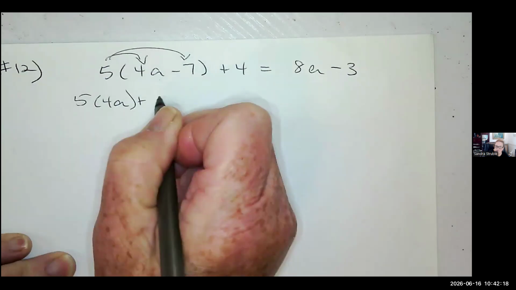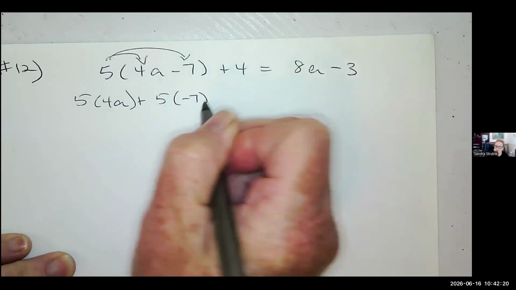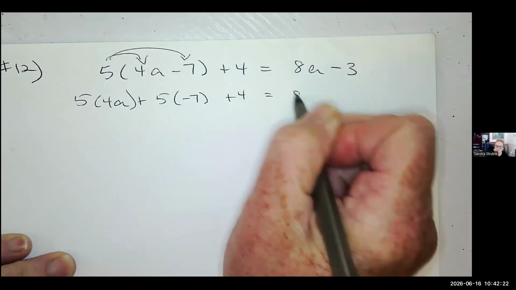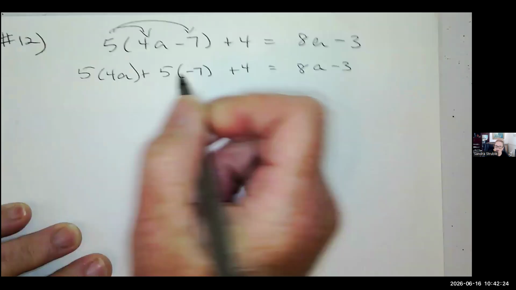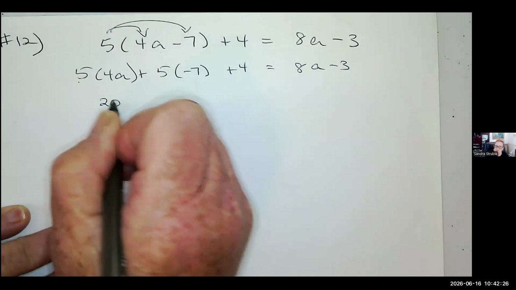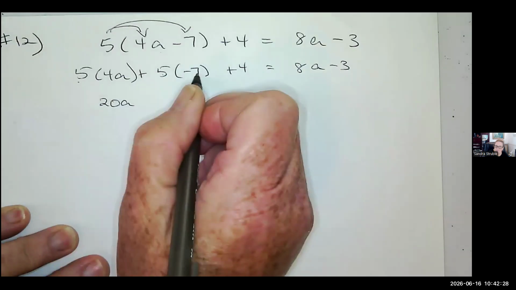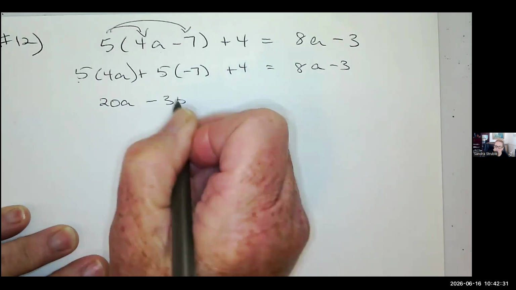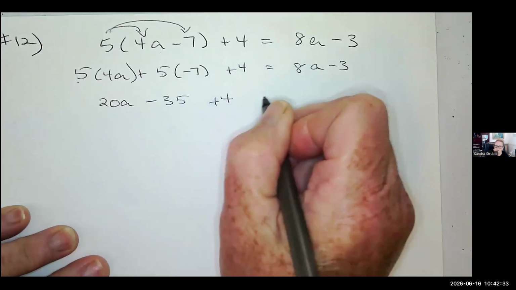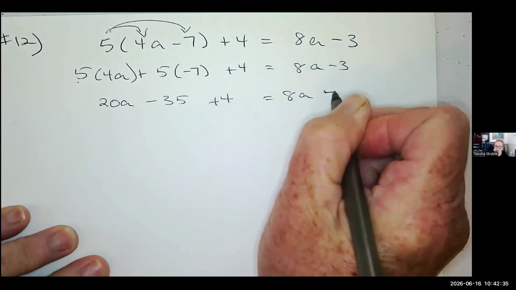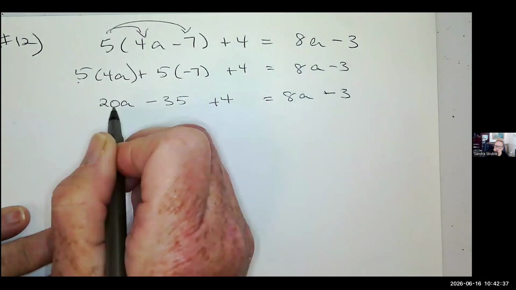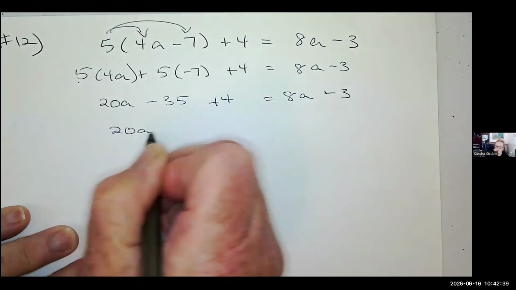I'm just going to bring everything else down. 5 times 4a is 20a. 5 times -7 is -35. All right, combining like terms, we've got 20a. Negative 35 plus 4 is negative 31.